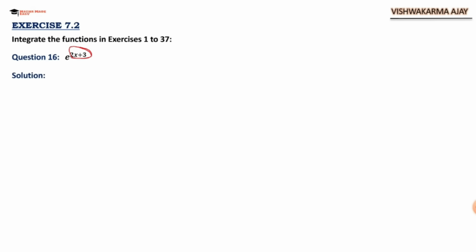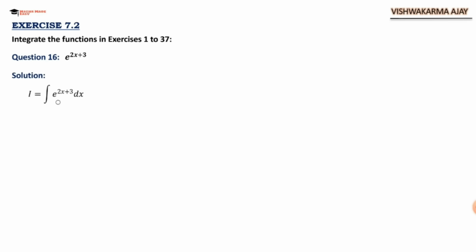If the function is a composite function, this is a composite of an exponential function and an algebraic function. So first of all, you should know that the integral of e raised to x is what? The integral of e raised to x is e raised to x divided by the derivative of x. And the derivative of x is 1. That's why it is not always visible, but it is there.